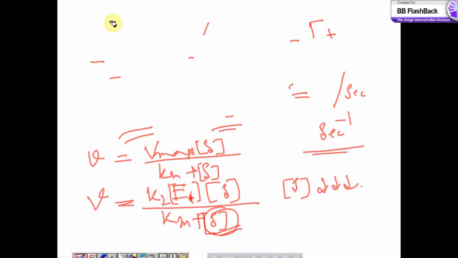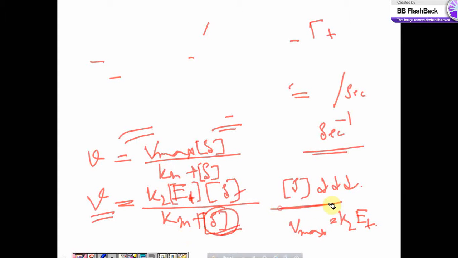From here we get small v equal to K2 into the enzyme concentration. We know that Vmax is equal to K2 ET, the total enzyme concentration, and this is my substrate concentration.